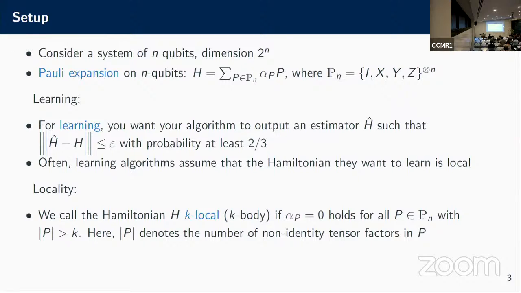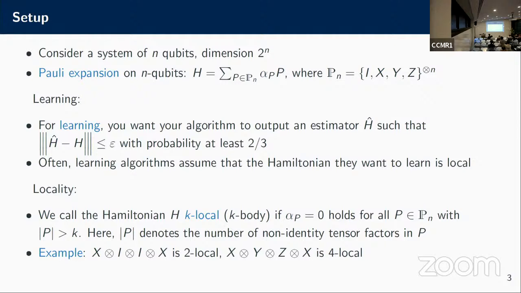That means there are more than k factors or entries that are not the identity. Just to check, for example, if you look at X, I, X, this is 2-local because there are 2 things that are not the identity. And X, Y, Z, X would be 4-local because there are 4 things that are not the identity, right?